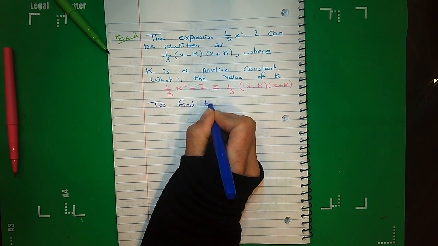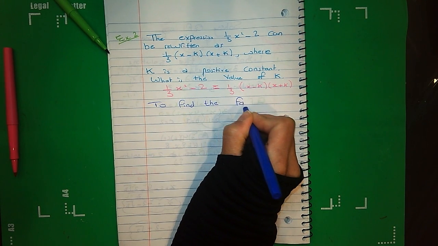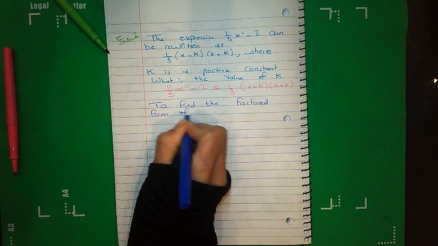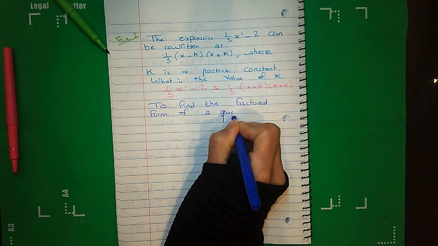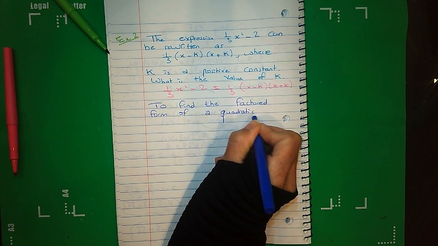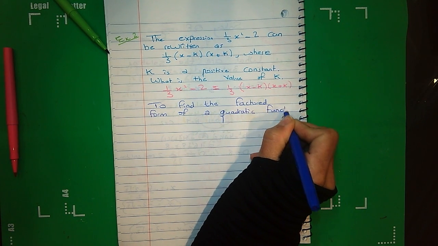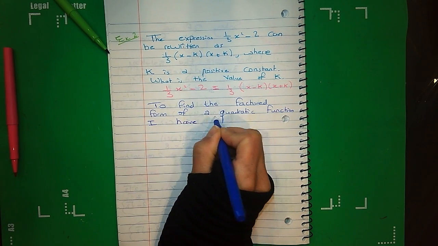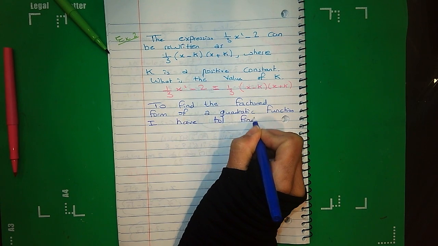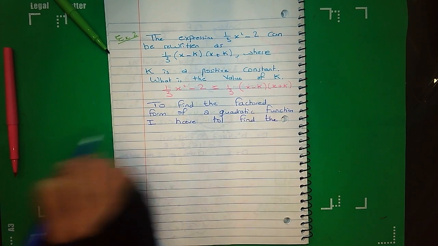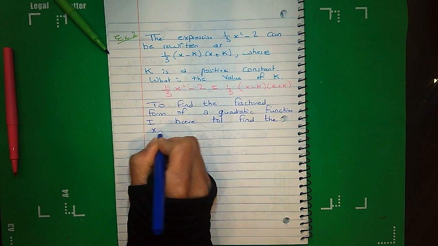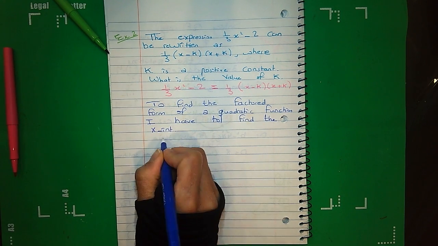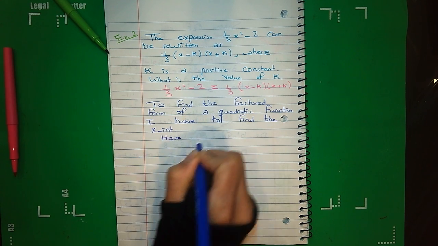To find the factored form of a quadratic function, I have to find the x-intercept. How do I find the x-intercept? I have a few methods.